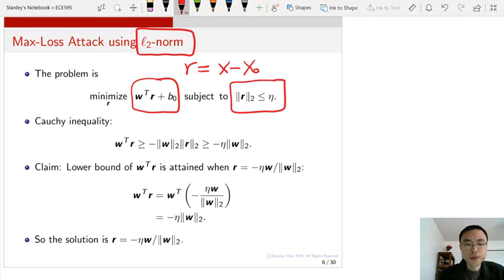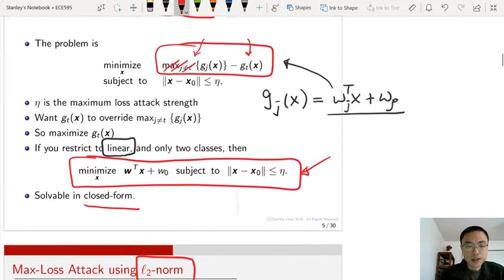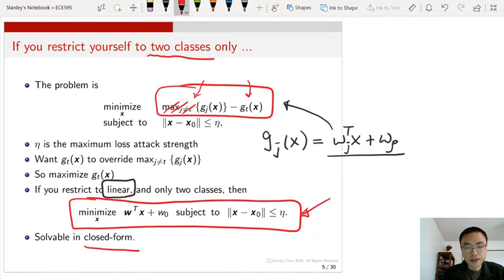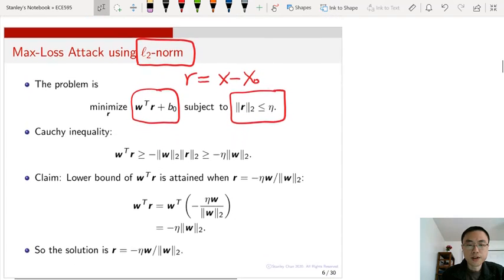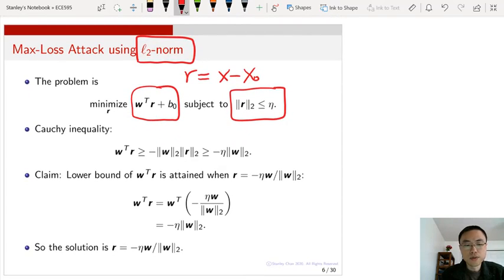It makes sense because previously you had x here, and then x minus x0 there. If I replace the variable using r, the objective function becomes w transpose r plus some constant, which only involves x0 and w. The constraint is, of course, the 2-norm applied to your perturbation r.